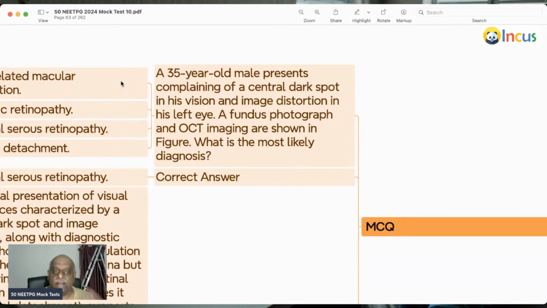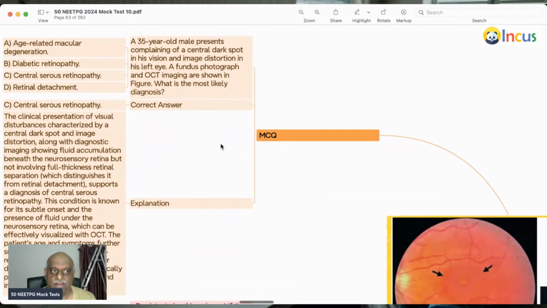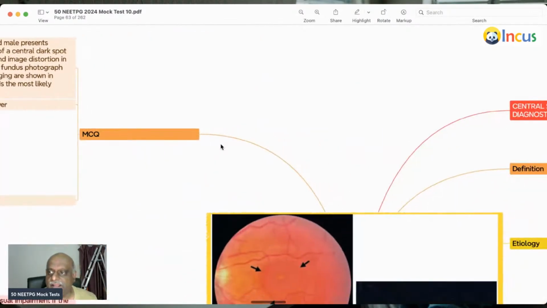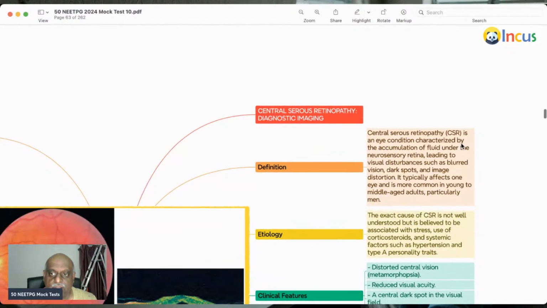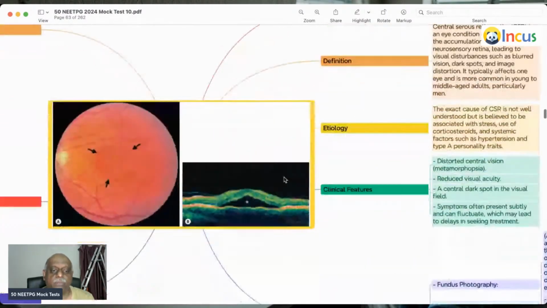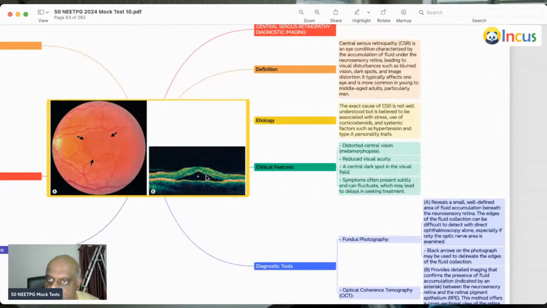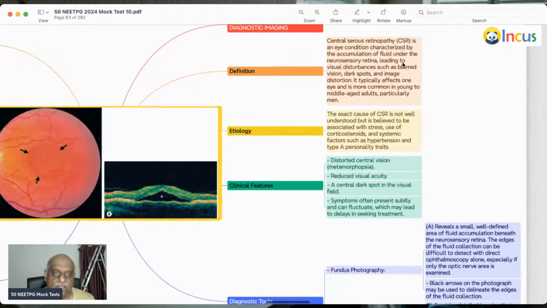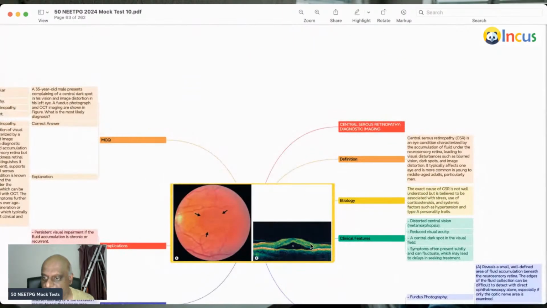A 35-year-old complaining of a central dark spot, fundus photography and the OCT have been shown, right? So central serous retinopathy. What you have here is a central serous retinopathy where there is an accumulation of fluid under the neurosensory retina, as you can see here, right?